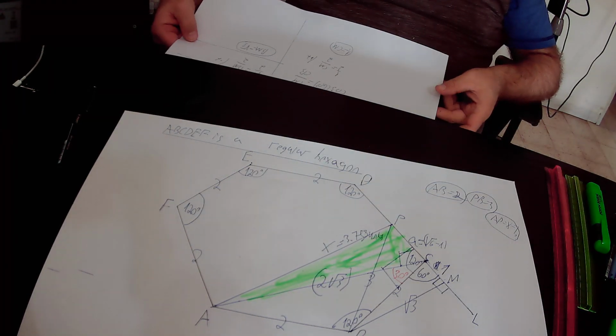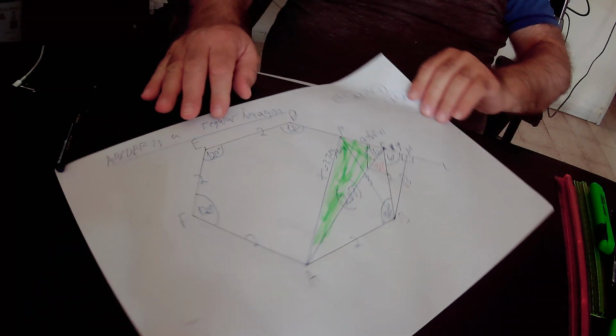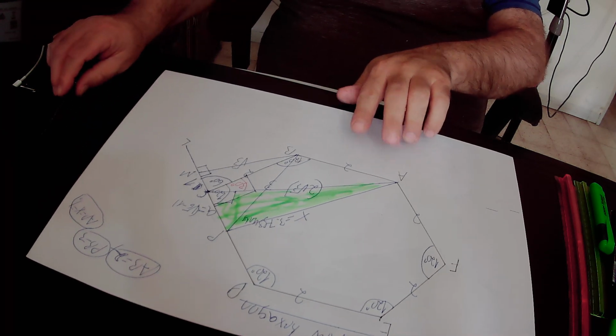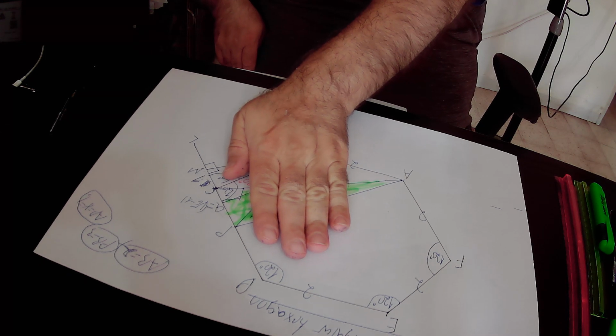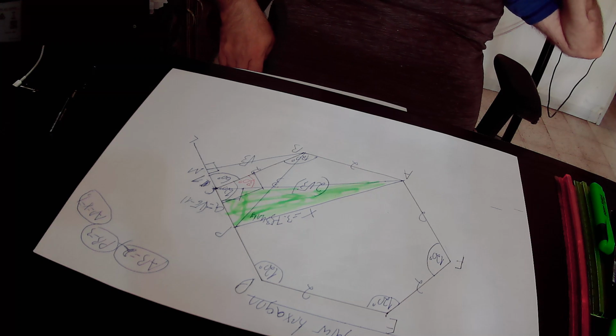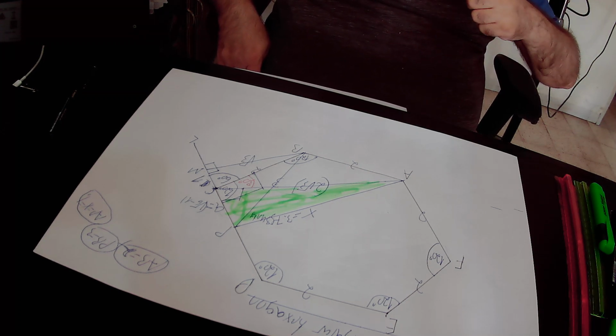Okay, and we have rule number 1. According to rule number 1, the sum of the angles on one side of a straight line is equal to 180 degrees. So if we focus on this side of the straight line DL at point C, the sum of the angles here must be equal to 180 degrees according to rule number 1.